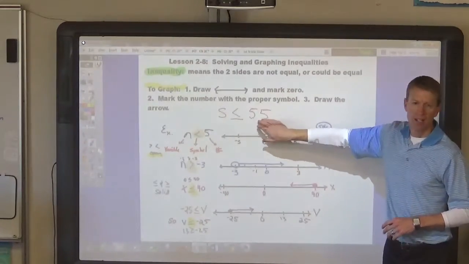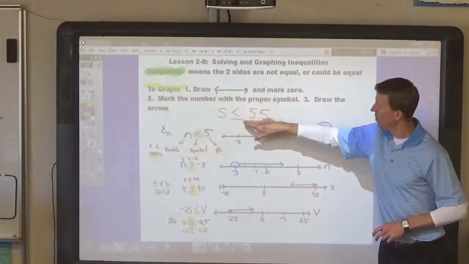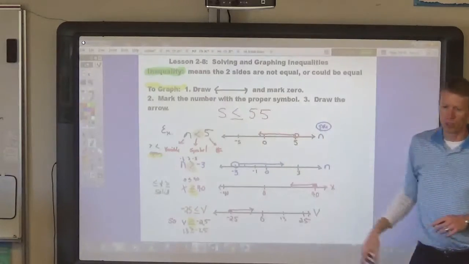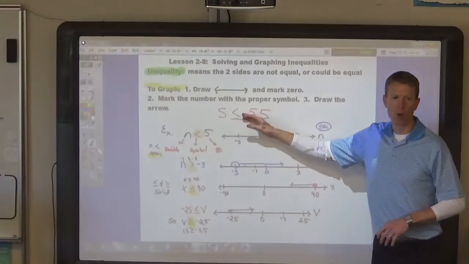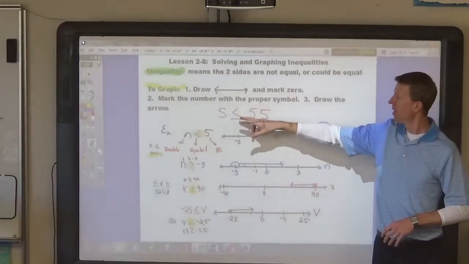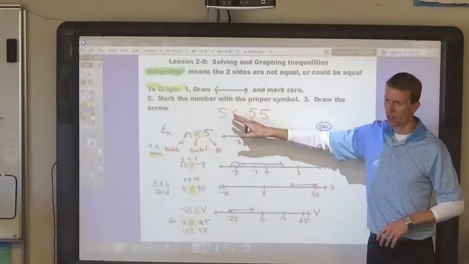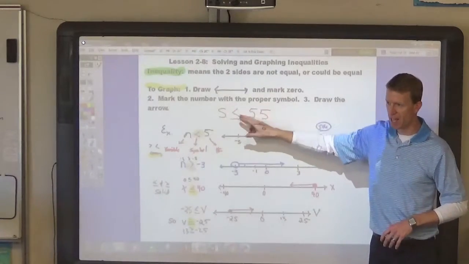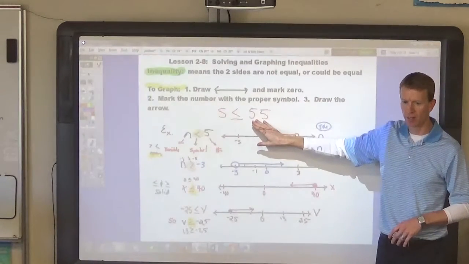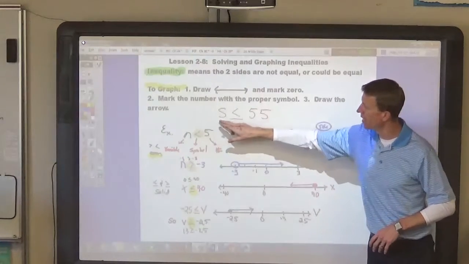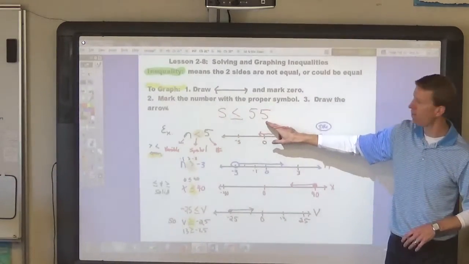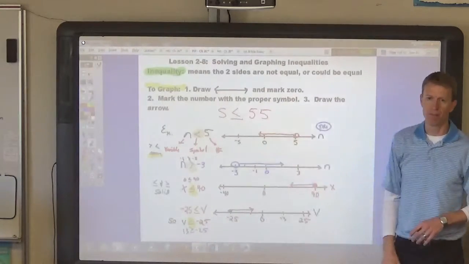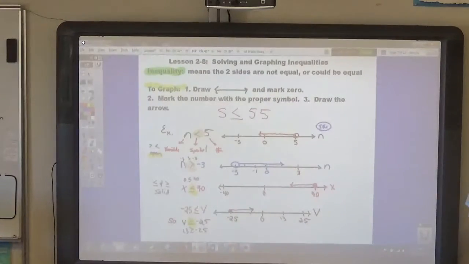For example, we could write that the speed limit on most highways is you can go either equal to or less than 55 miles per hour. So this inequality, speed has to be less than or equal to 55, is the number sentence for what we would write in that situation.